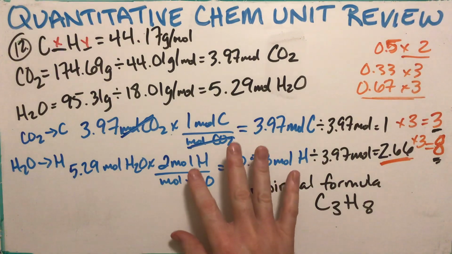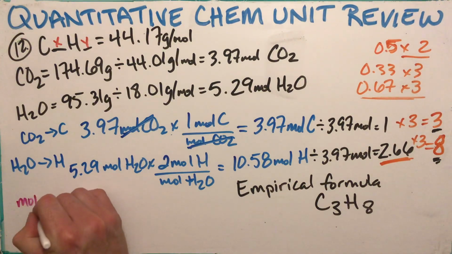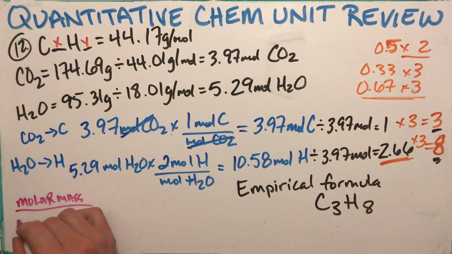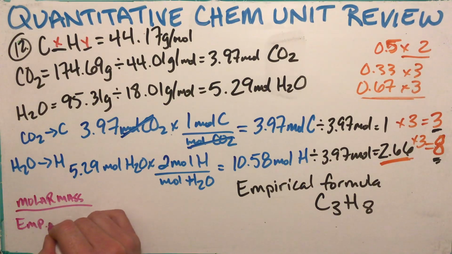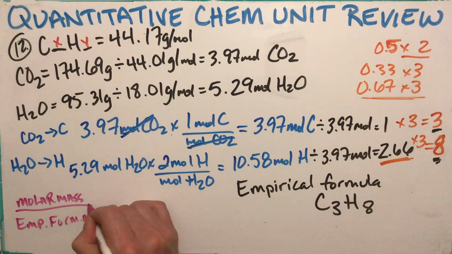I'm going to need more space on the board here, so I'll try to squeeze it in. This could end up being a disaster. I'll try to squeeze it down here with the pink marker. So what I'm going to do is take that molar mass that was given and divide it by the empirical formula mass.